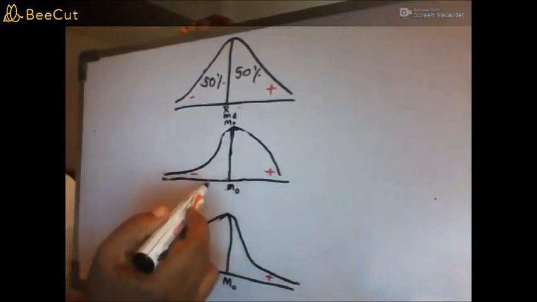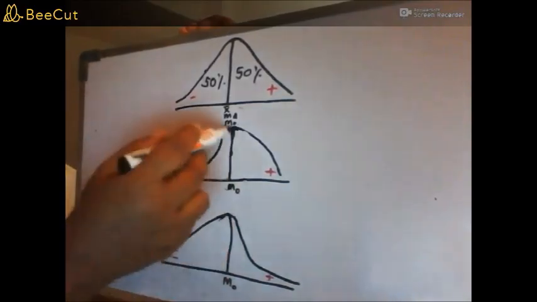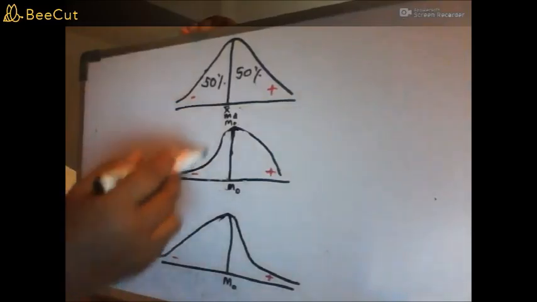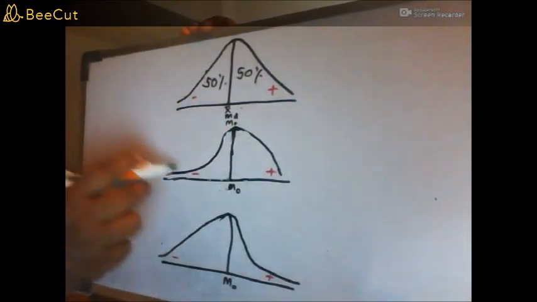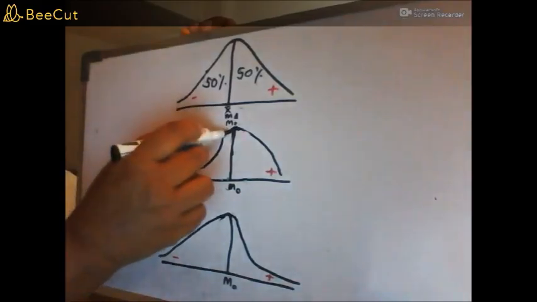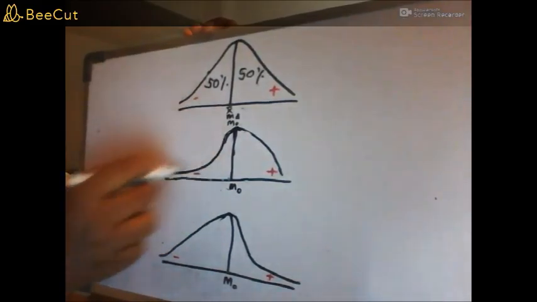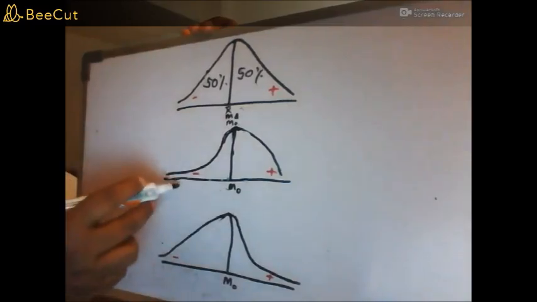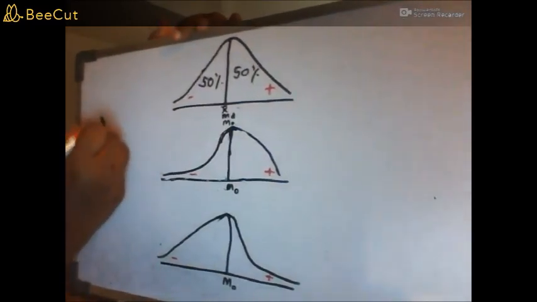This means the test is easy, right? And here you can see a few students on the negative side. So we call this, there's a slant towards the negative side. So we call this one negatively skewed.